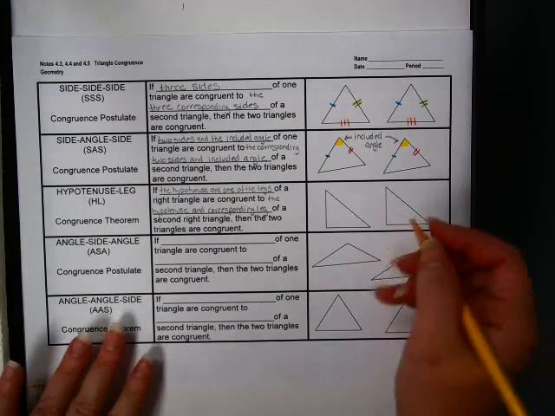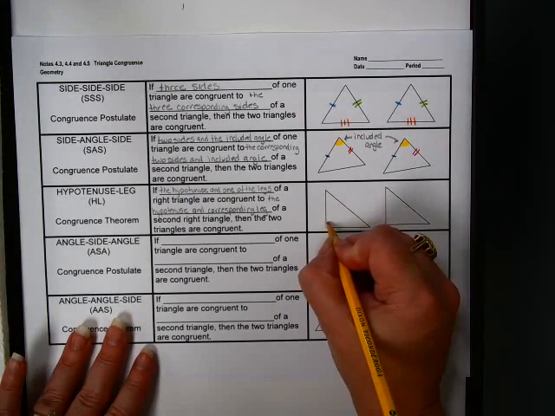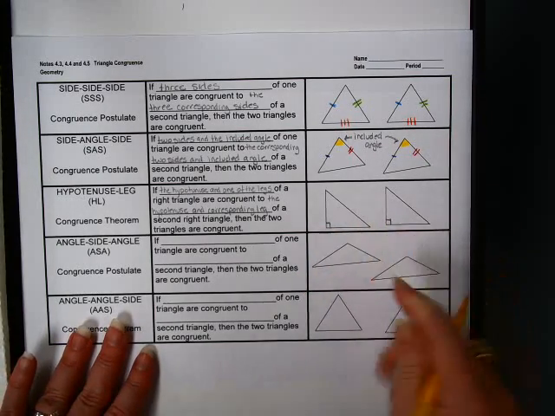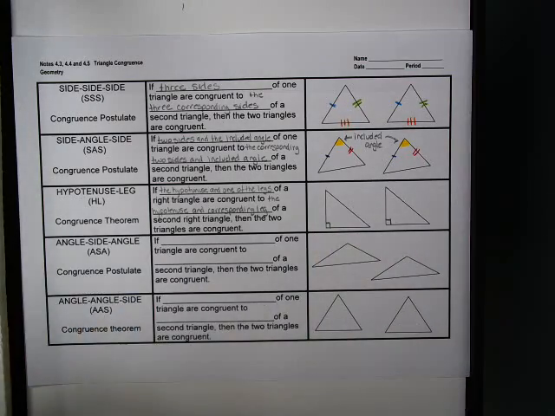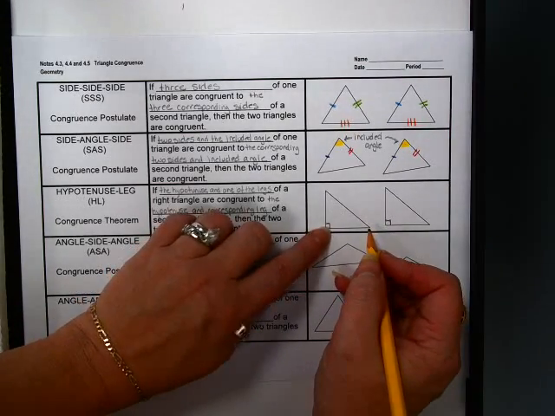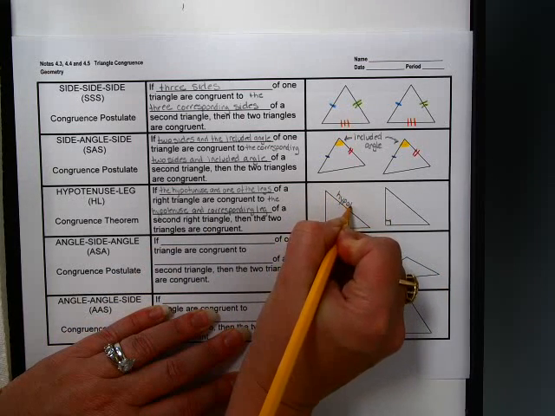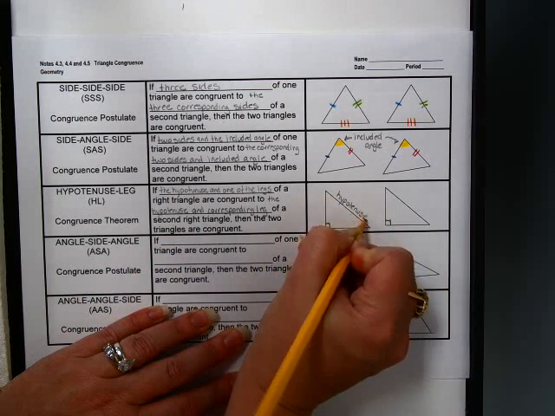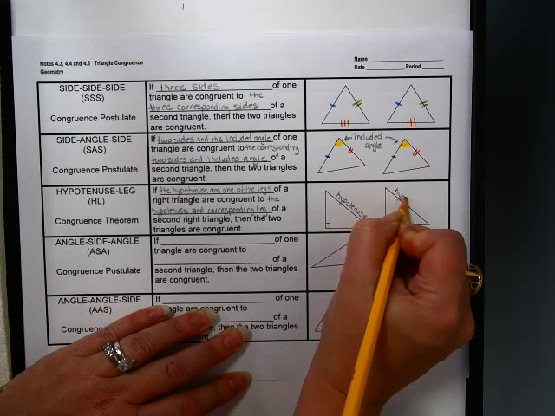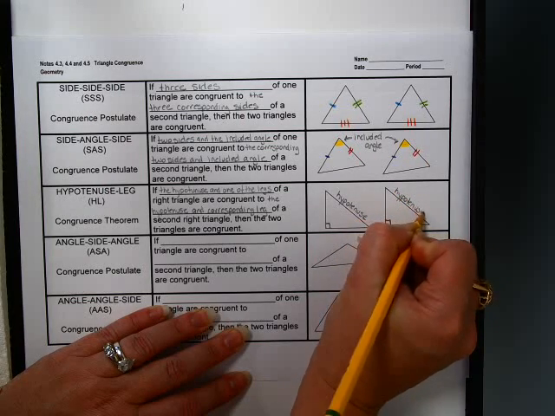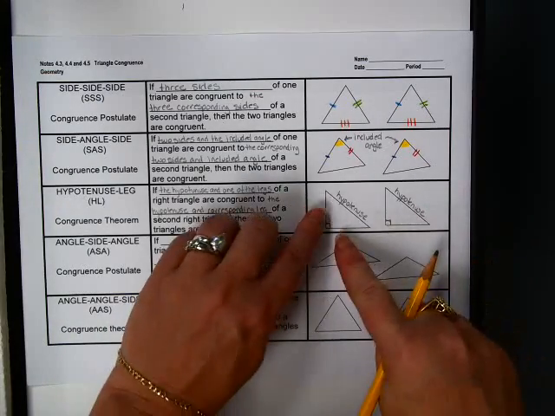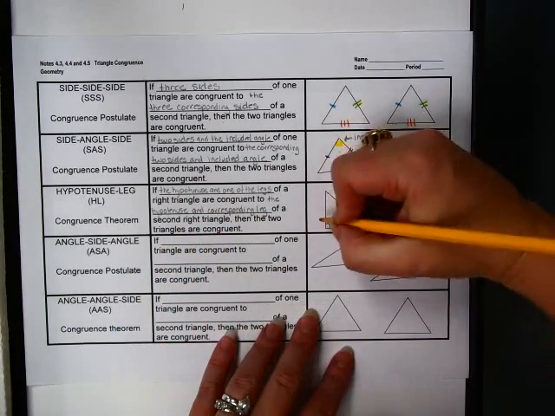I'm going to start by marking my right angle, and we always mark a right angle with a right angle symbol. Okay, so these are right triangles. That makes the side across from the right angle the hypotenuse. And then that makes these the legs.